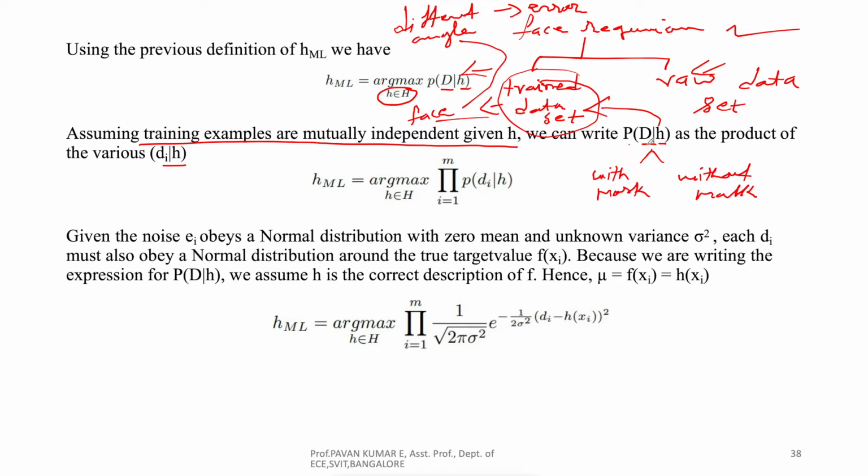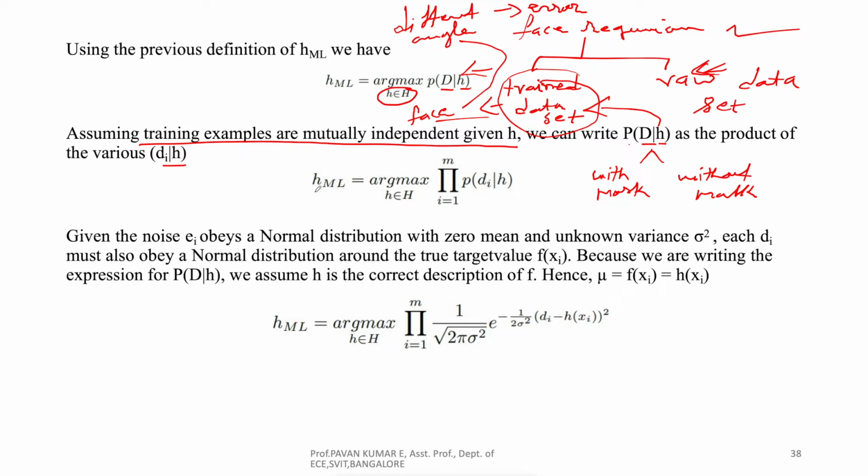We can write P of D given H, which is already trained, as a product over all angles, with mask and without mask, already in the folder of the trained data set. Then after giving the input raw data set, it should be able to recognize your face with the least error.